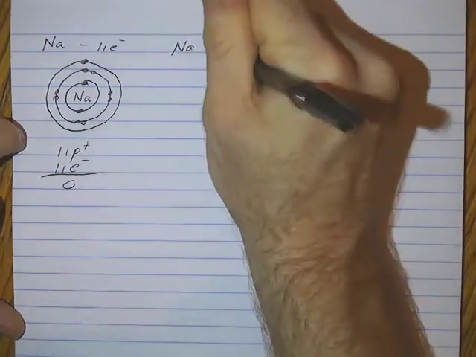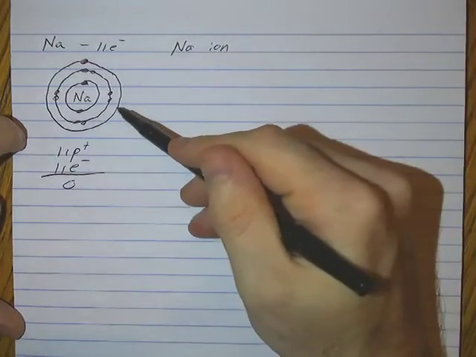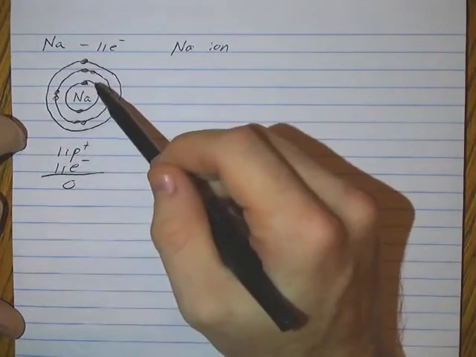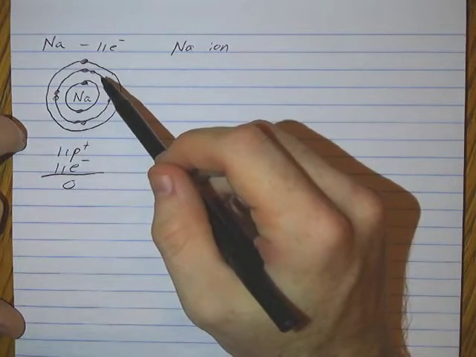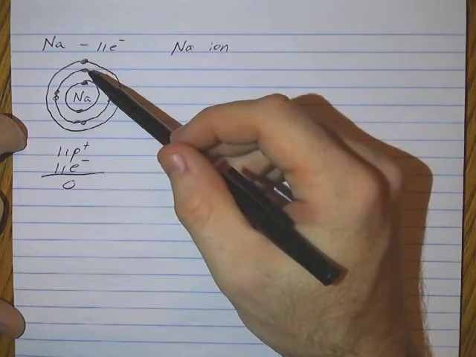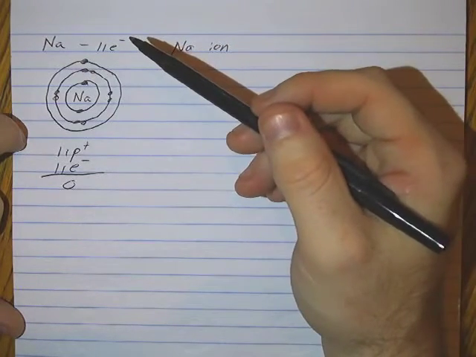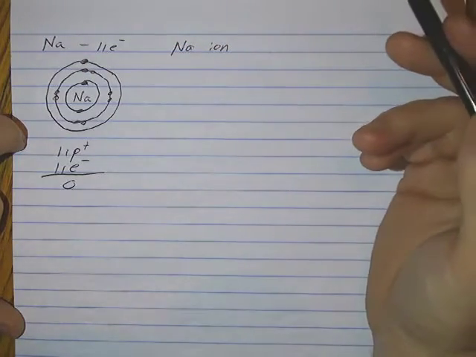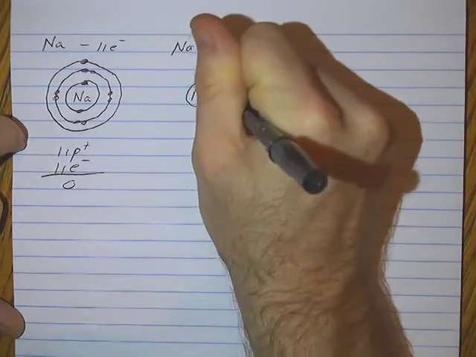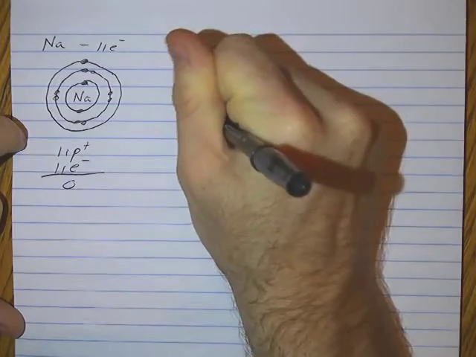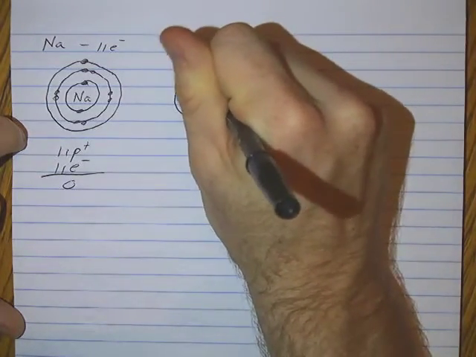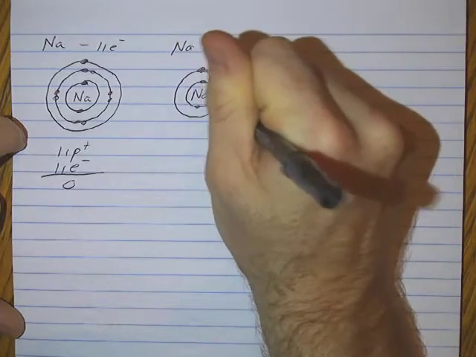But in the sodium ion, again, we look at the valence shell, and we see we have 1 valence electron. So we either have to empty it or fill it. Is it easier to get rid of 1 or get 7? It's easier to get rid of 1. So we're going to redraw here for our sodium ion. First 2 electrons in the first shell, and then 8 electrons in the second shell.